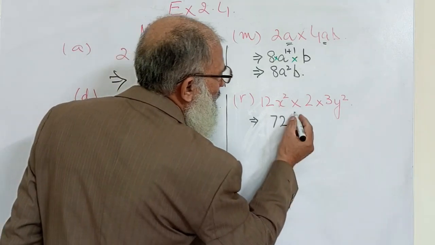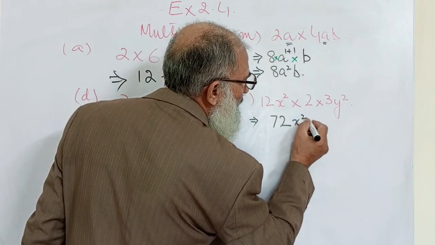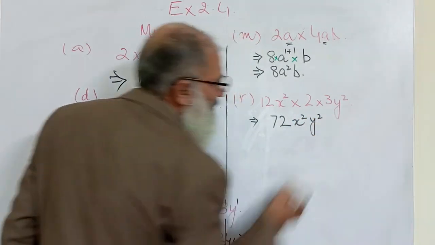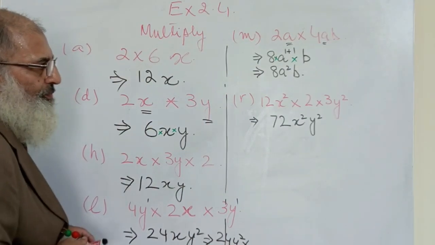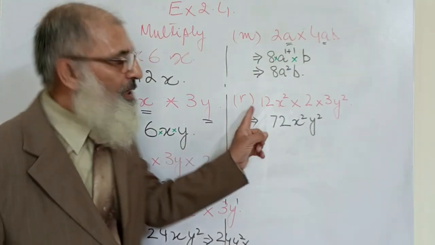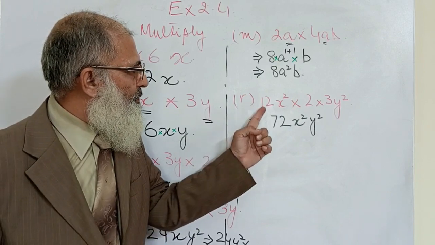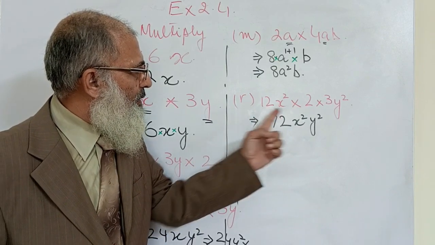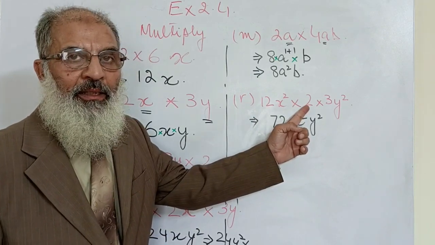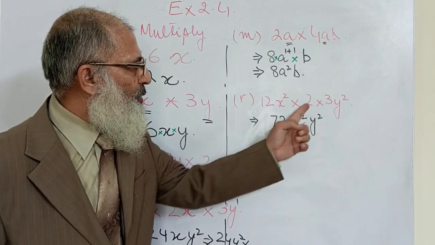Now, the variables will be written as they are. Only the coefficient and the constant are being multiplied together.